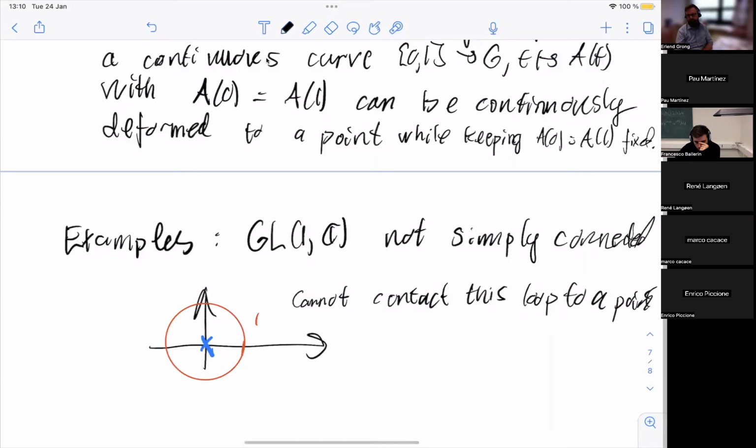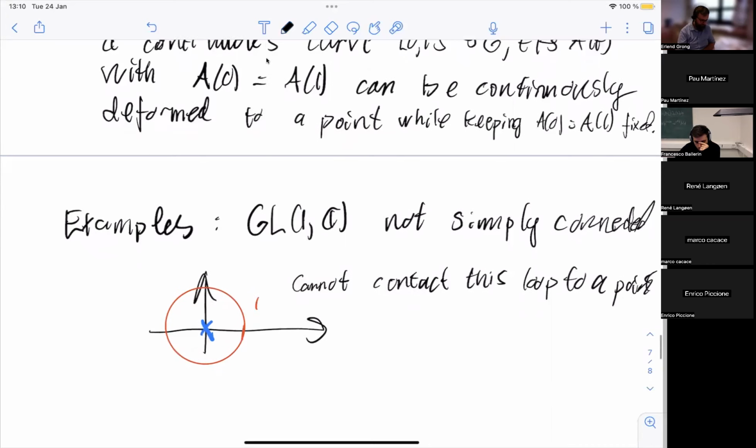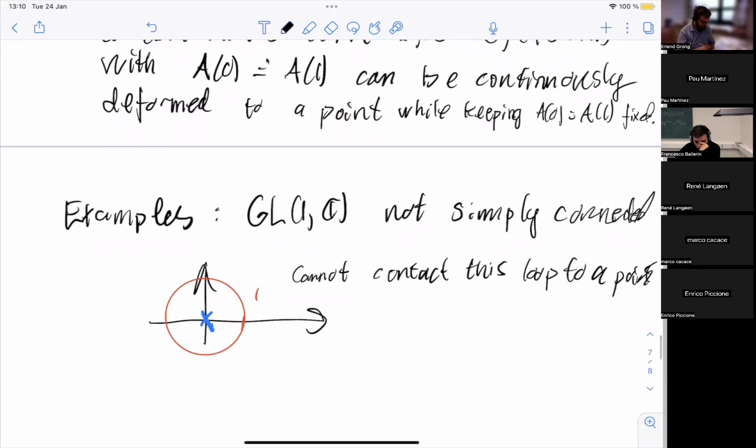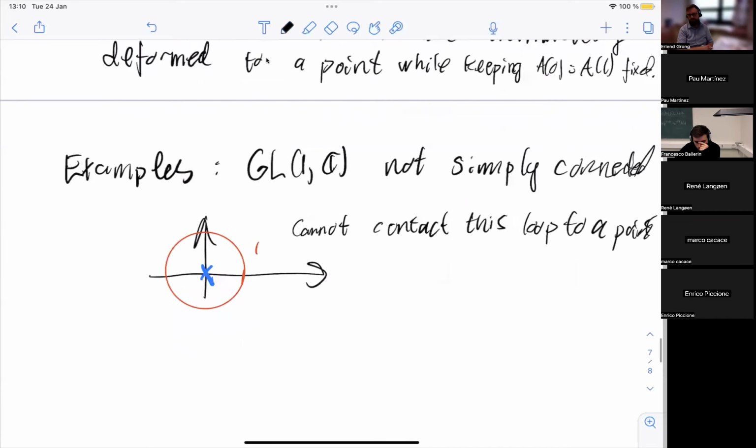You can get around this not being fixed, but it's a bit easier to just because it doesn't really matter. So the idea you should think of is that if you're standing in 1 and you're pulling on this rope and you have this rope around 0, and if you're pulling this in, then eventually you will capture 0.